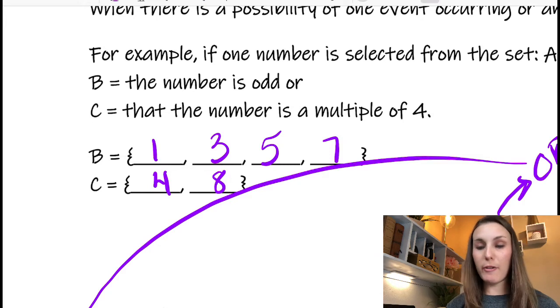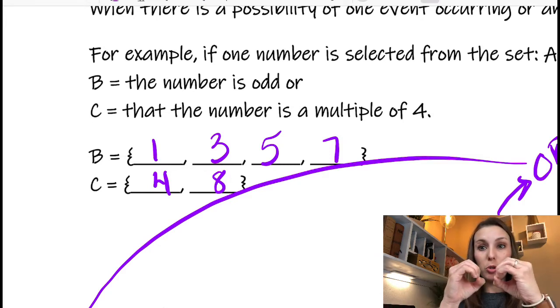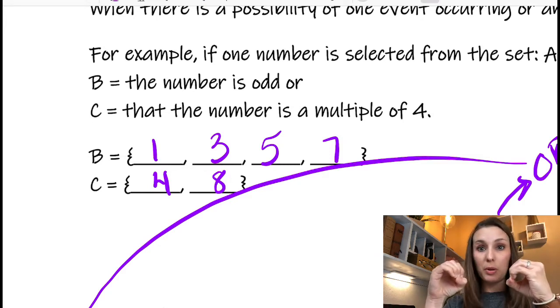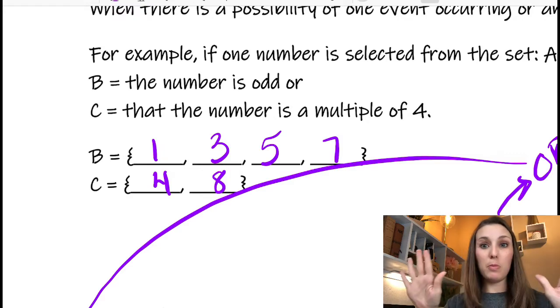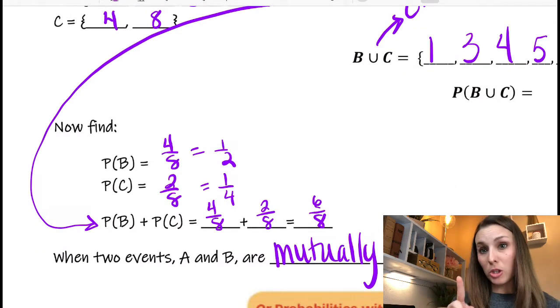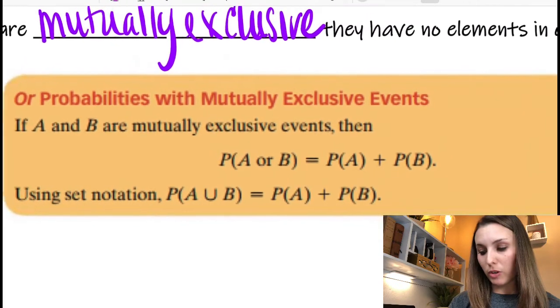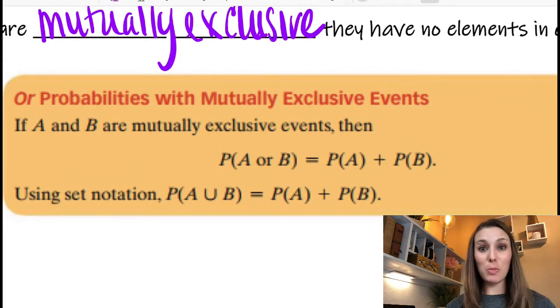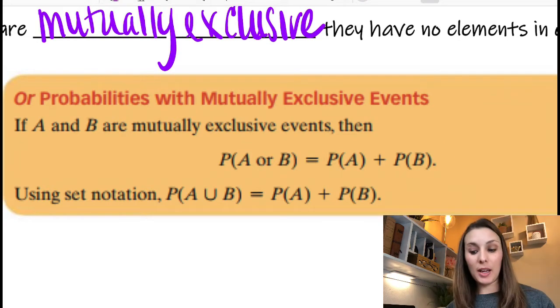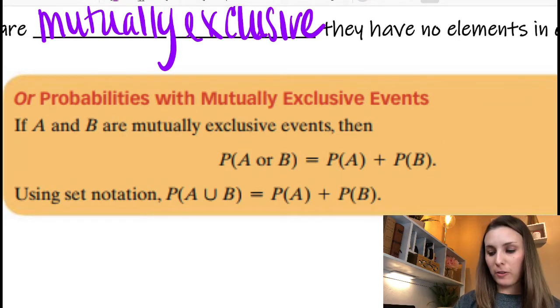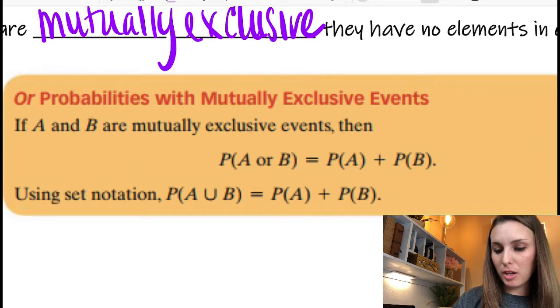If you were to have a Venn diagram, the two circles would be totally separate. They have no overlap. When two sets are mutually exclusive, you can add their two probabilities to find the probability of A or B happening. That's just a definition, and you can see both here.